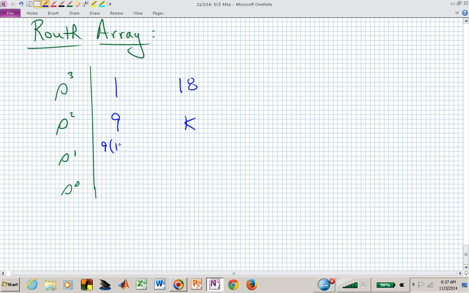Did everyone hear that? 9 times 18 minus K times 1 over 9. What's the S0 row? That's K, isn't it? How do we find the values of S right at the imaginary axis?